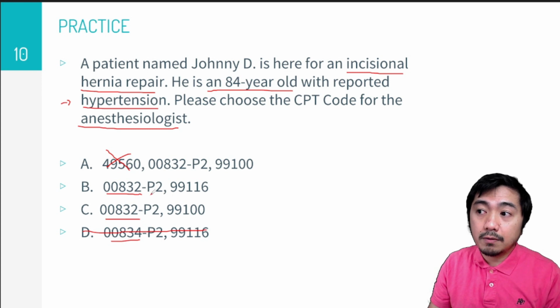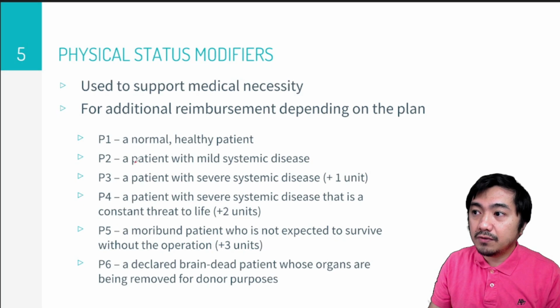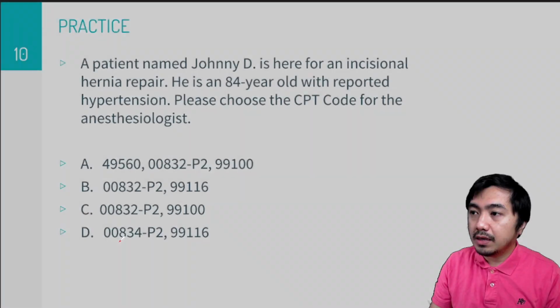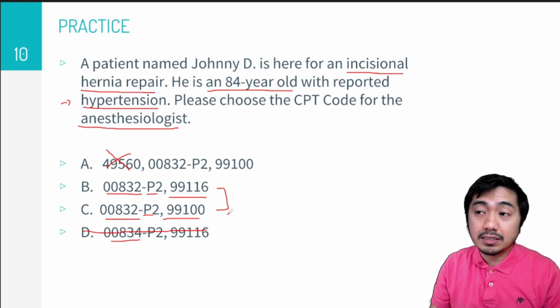Now we're left with the P2 status modifier. It's already given here. So this patient is under which physical status modifier again? According to this physical status modifier, the patient has mild systemic disease, which is your hernia. Going back, you have your 99116 and 99110 for your qualifying circumstance.